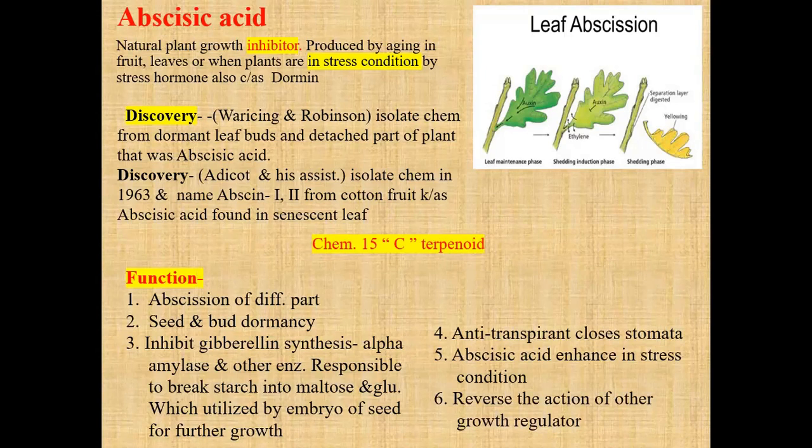Abscisic acid reverses the functions carried out by other hormones, such as auxin, gibberellin and cytokinins. In this way, abscisic acid works as a plant growth inhibitor. Okay, thank you.